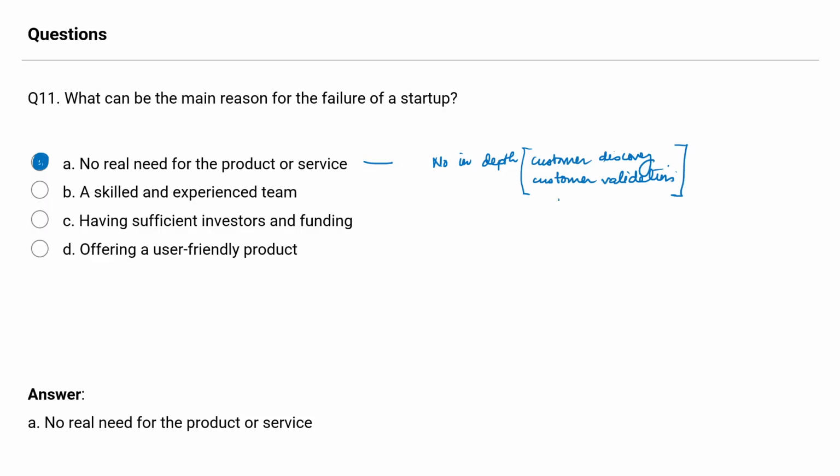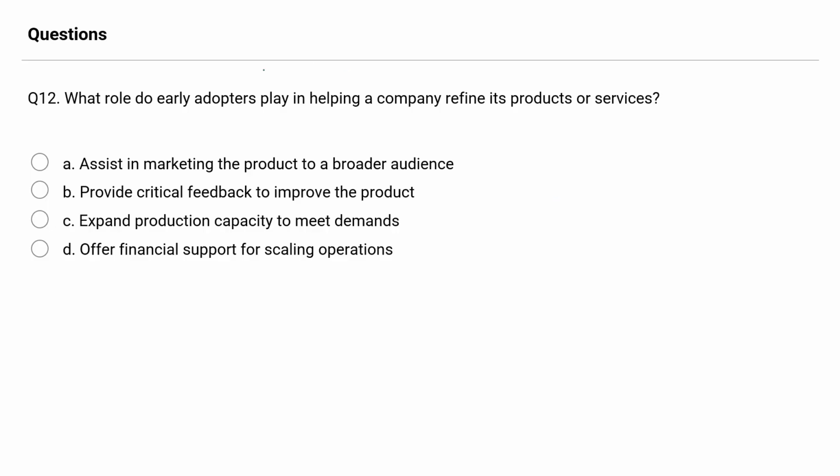Okay, let's proceed further. What role do early adopters play in helping a company refine its products or services? Okay, you have to tell what kind of role early adopters play in refining the products or services. They assist in marketing the product to a better, broader audience. They provide critical feedback and improve the product.